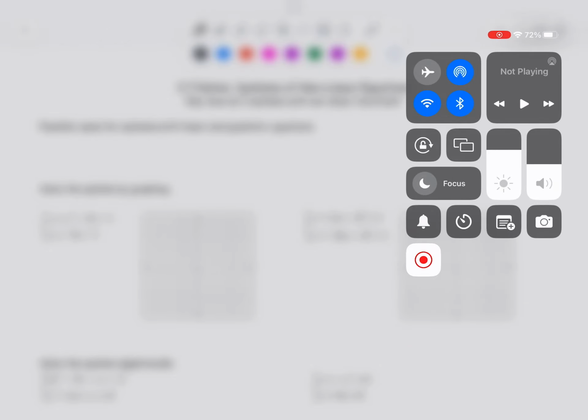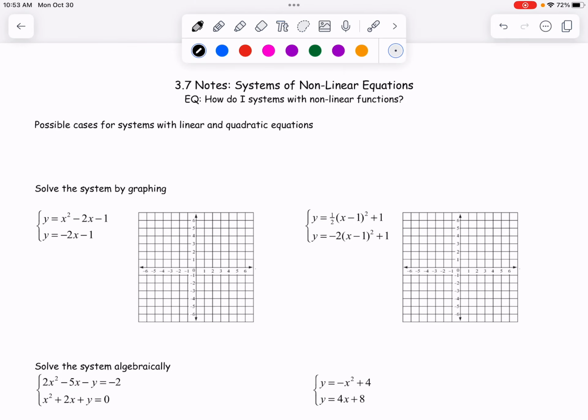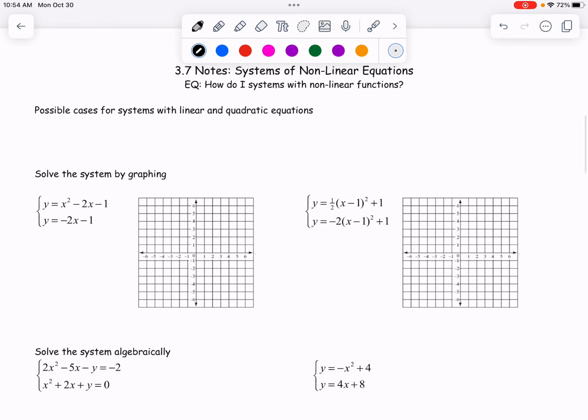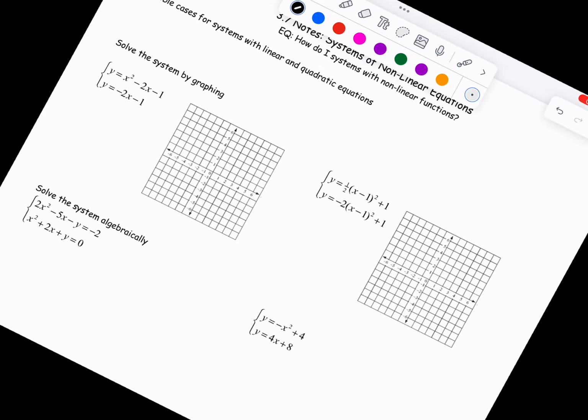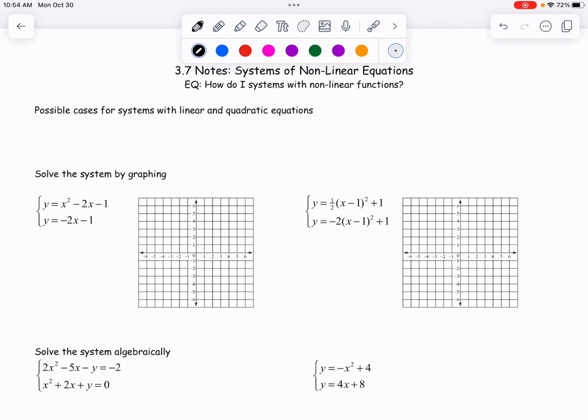Okay guys, this is a video on 3.7, which was systems. For linear and quadratic, the number of solutions could be one, where you have a line intersecting a quadratic and hitting at just one point.